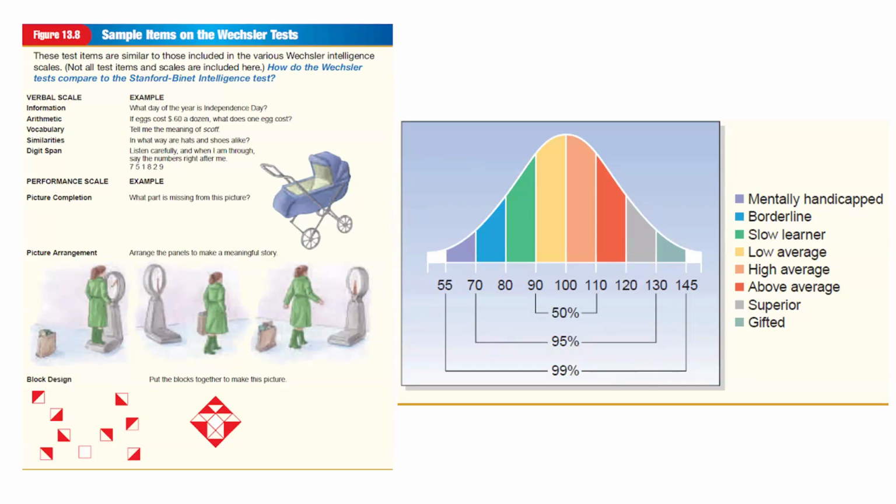Average ones, above average ones, maybe the lower ones are there, slow learners are there. I mean, there are a variety of students in our classroom. That's why we say students are individually different. They have individual needs. They need individual support.